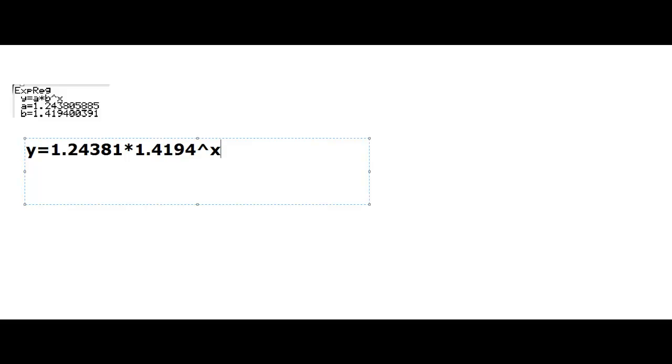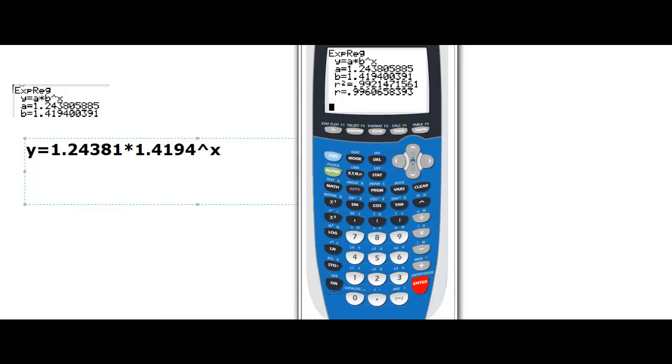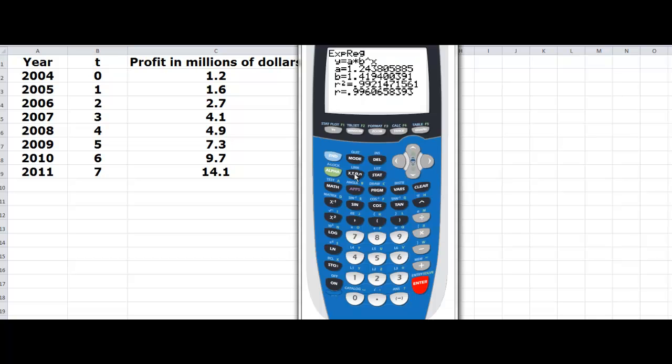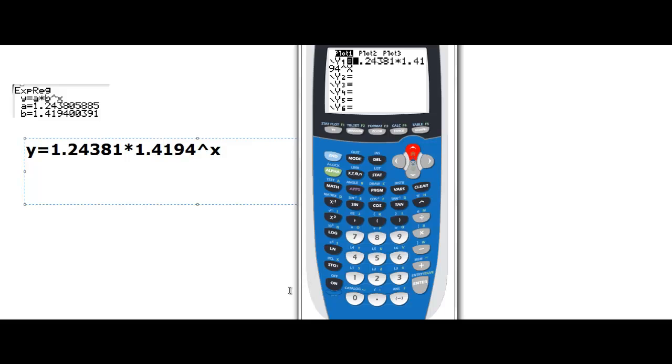Then the next thing that we would do, let me just get Excel back here. One moment, please. Okay, so then we go to the y equals option, first turn the plot on and then enter this equation in for y1 if that slot is open.